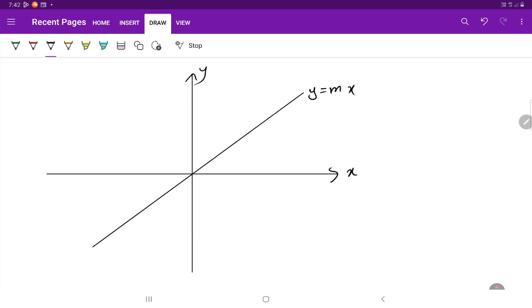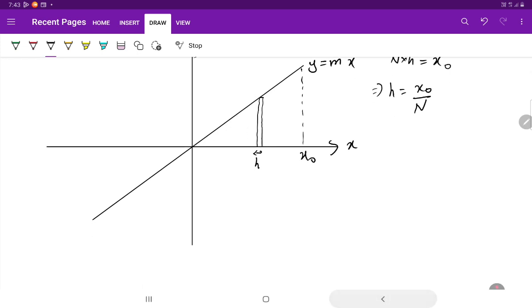To find the area, we take a small rectangular strip. Suppose we need to find the area from 0 to x naught. We divide this section into a large number of thin rectangular strips of width h. Then let us say capital N into h is equal to x naught, hence h is equal to x naught by N.